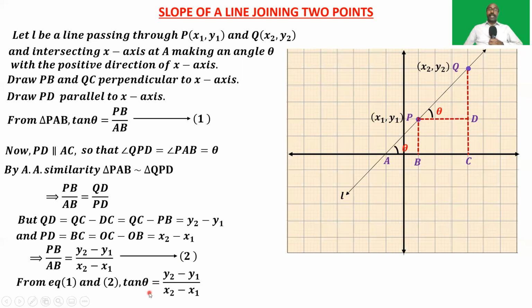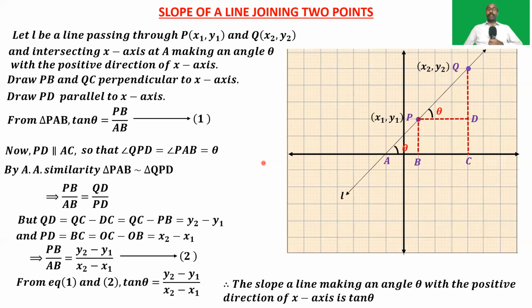So here tan theta is the slope of the line passing through P(x1, y1) and Q(x2, y2), and theta is the angle made by the line with the positive direction of the x-axis. So when we know the angle theta made by a line with the positive direction of the x-axis, the slope of the line is tan theta.